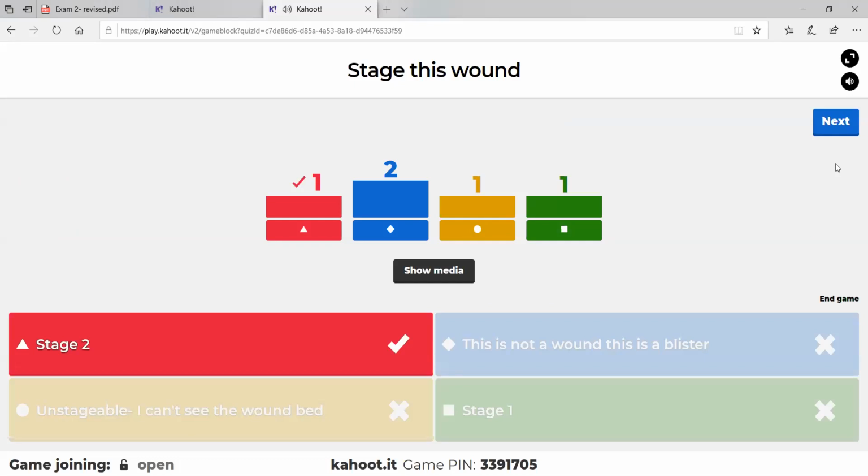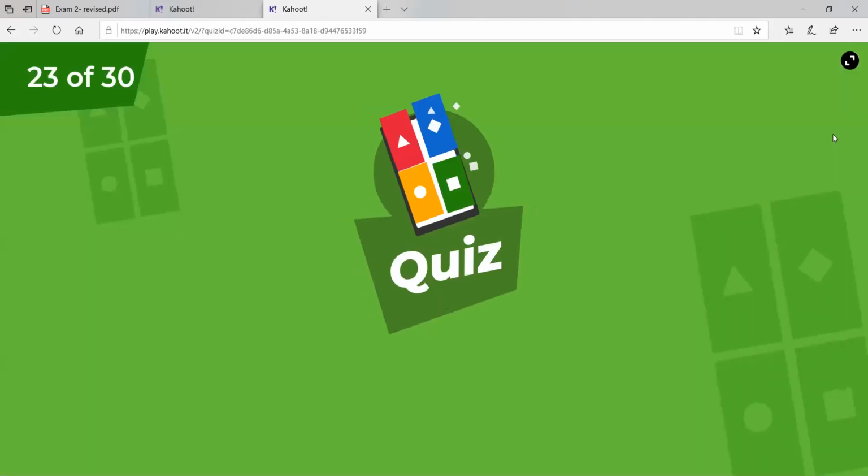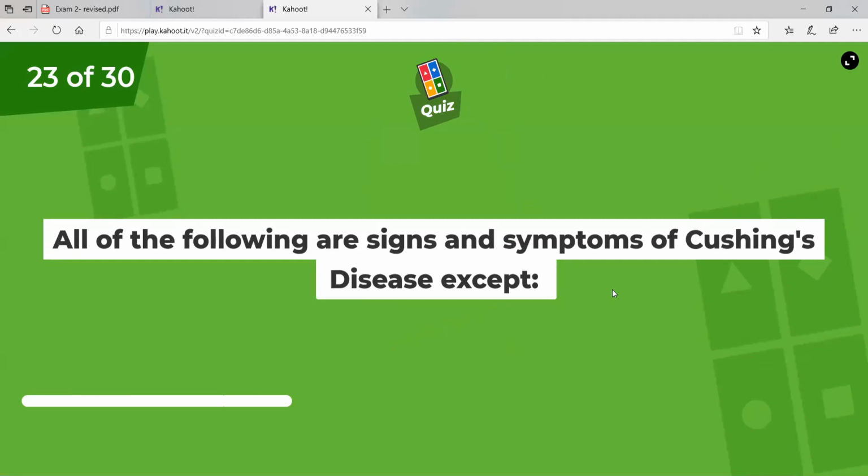I don't know, this one's kind of an iffy one, I think. It looks weird. It looked like a blister. Yeah, it looked like a blister to me. It basically was a giant blister, but they called it a stage 2. All right, I think this next one's better. All right, this is different.